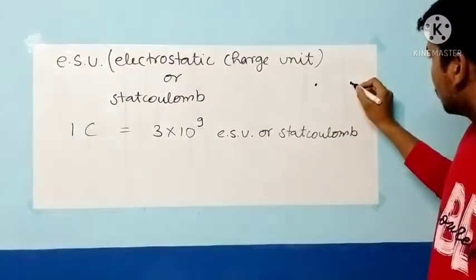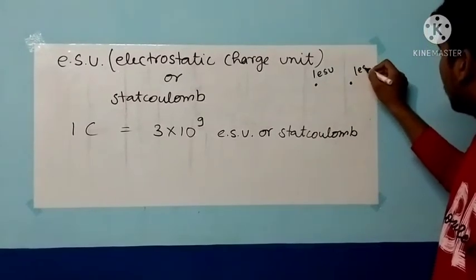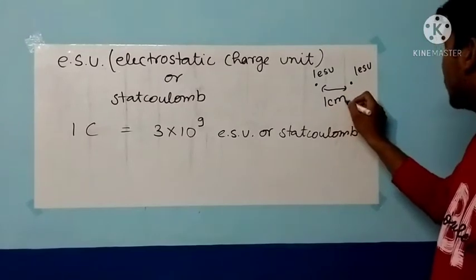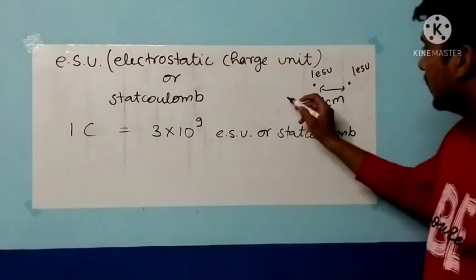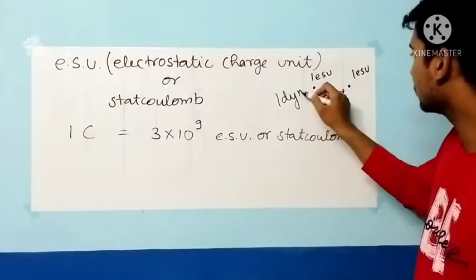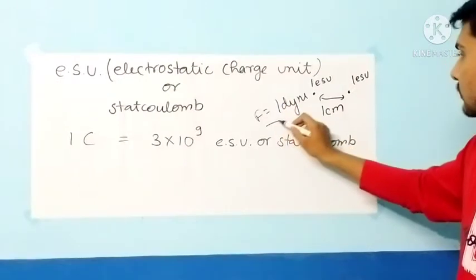If two point charges each of 1 ESU are kept 1 centimeter apart, then they will generate 1 dyne of attraction or repulsion force.